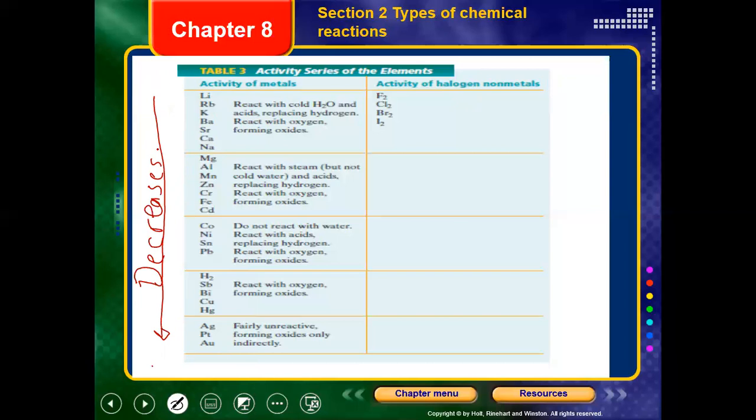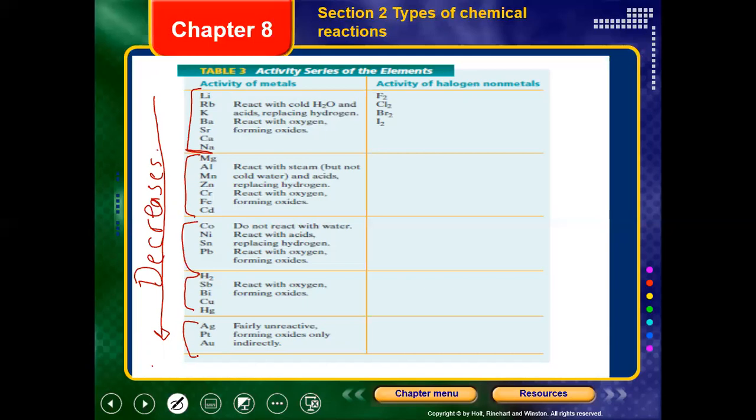Second part: as we said, the reactivity series is divided into 5 series or 5 categories. Why do we divide these elements into 5 series?